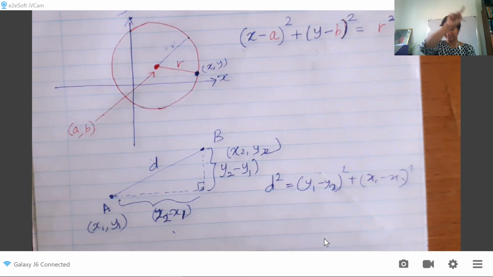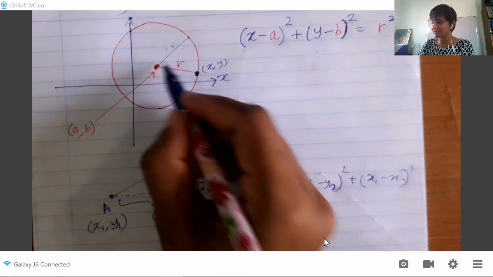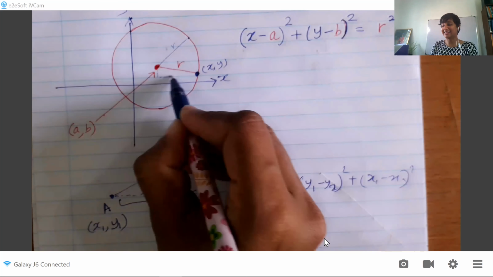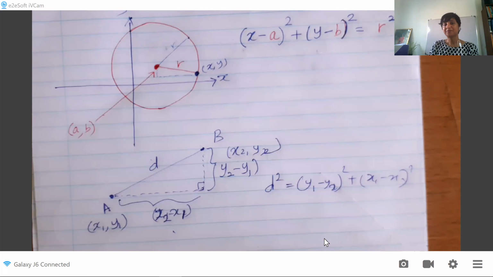I'm giving the equation for this circle, for that red line. If you write there, you can create a little right angle triangle, and this is the relationship. You are writing how R can be written in terms of these two lengths.